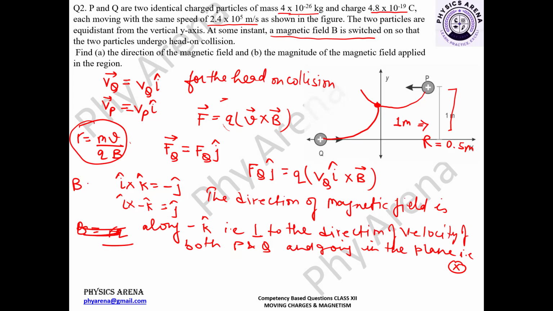B is equal to mv upon rq. So this B will go to the other side in the cross multiplication, and mv upon rq gives you the magnitude of the magnetic field.